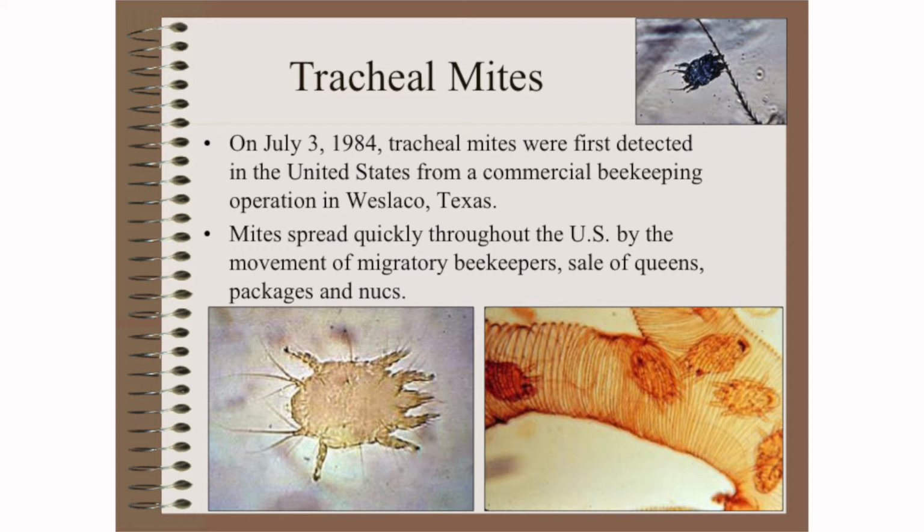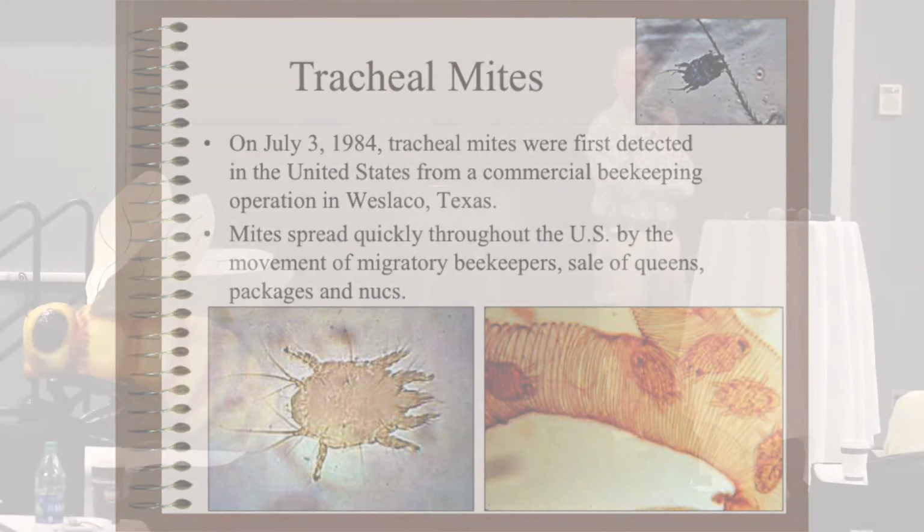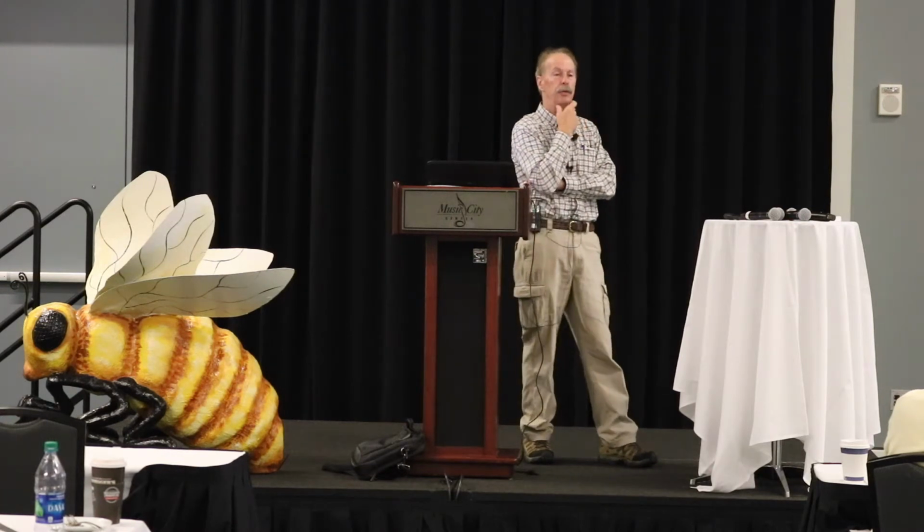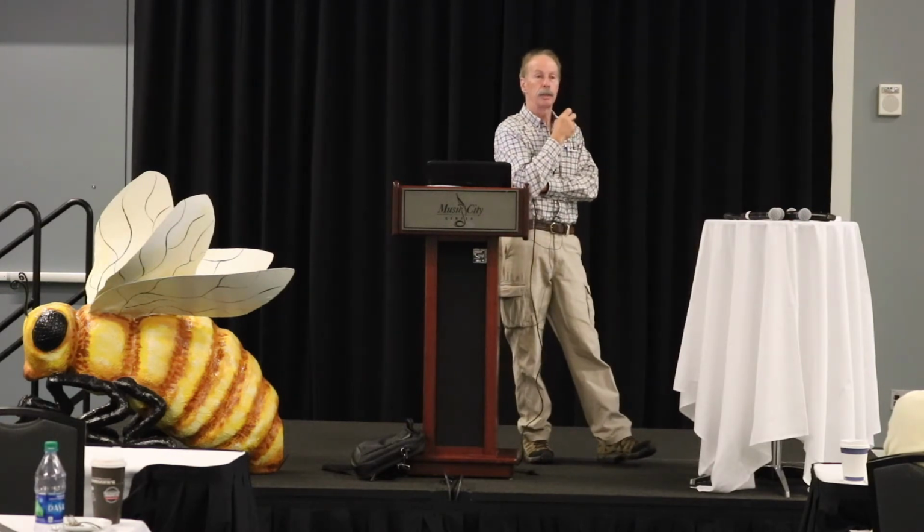This is a somewhat difficult process to do. I'll show you pictures. The mite is extremely tiny, very, very tiny. And of all places they like to live is in the trachea, so the bee can't literally breathe. So how do insects breathe?